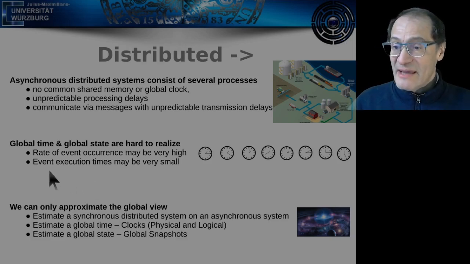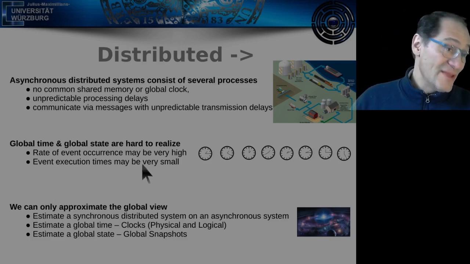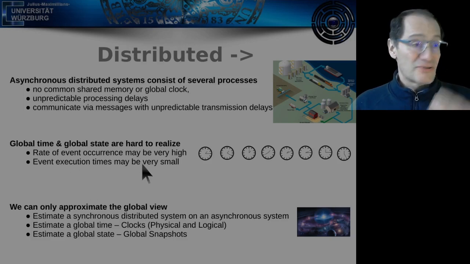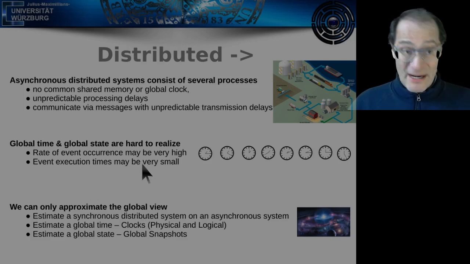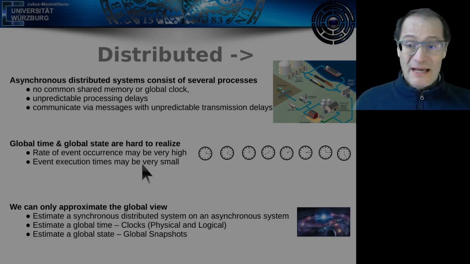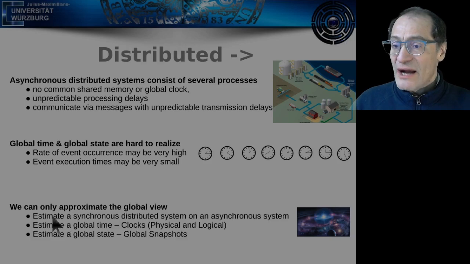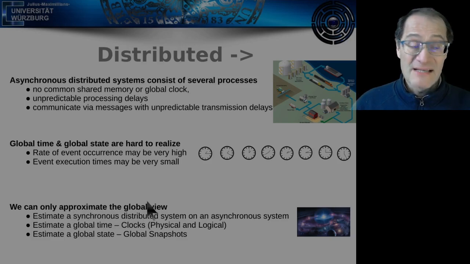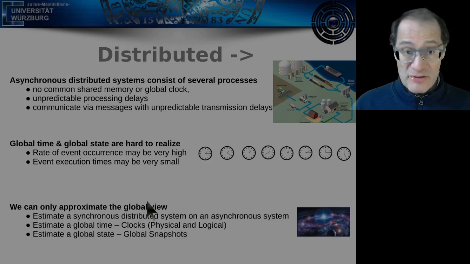Or the event execution may be very short: the execution of a process may take only a few nanoseconds or milliseconds, and the communication might take longer than that. Therefore, we have only an approximation of the global view of the system. As said before, we cannot know exactly the global state of the system. We have only an approximation.